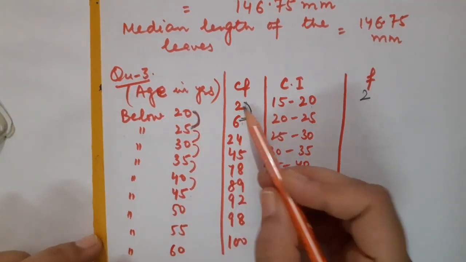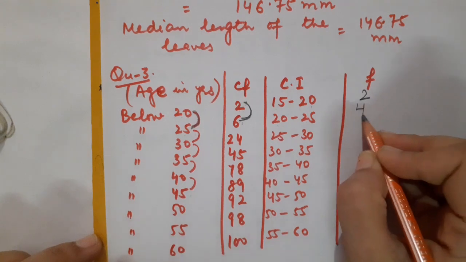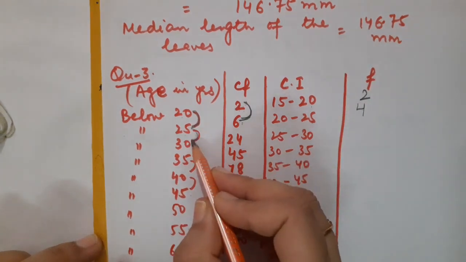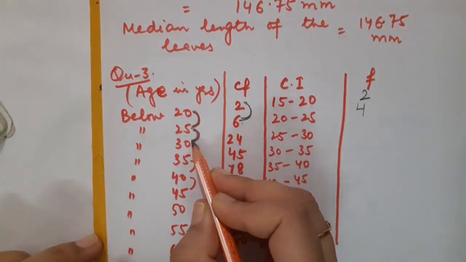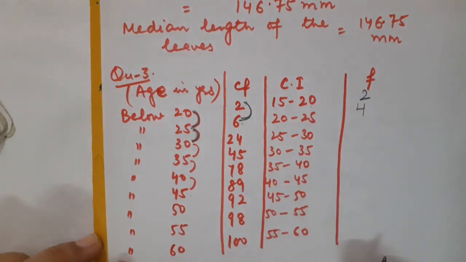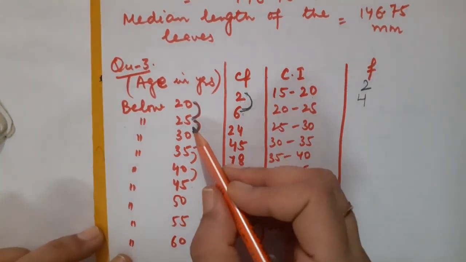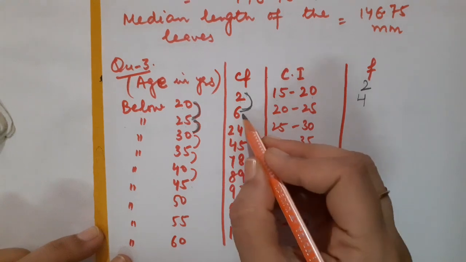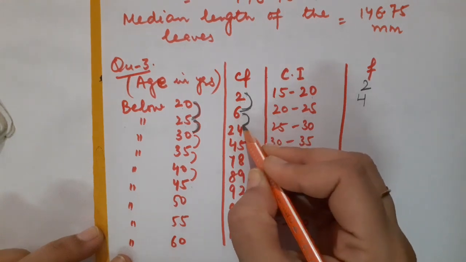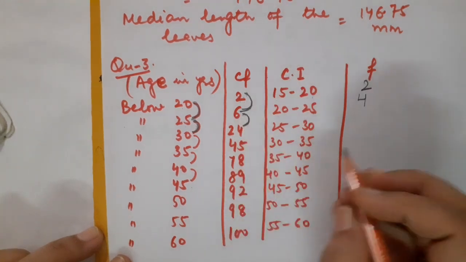Correct? So 6 minus 2 will become 4. You can make this reverse C arrow also, and then keep on subtracting and get the frequencies. Correct? Now from 25 to 30, we have to take the difference of 24 and 6. It would become 18.